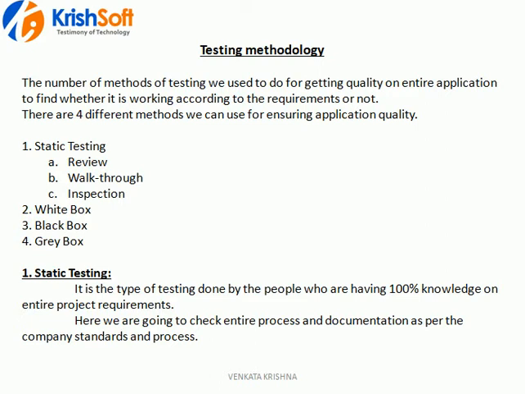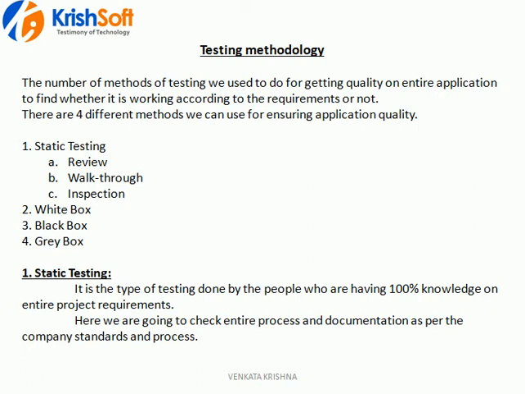In so many projects it was observed that the development people are doing both white box and black box. The same person who developed the application is doing the testing, and from previous experience we observed that so many defects are leaking from the testing phase.